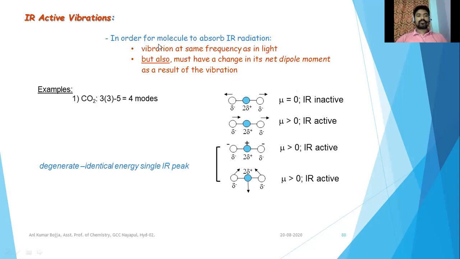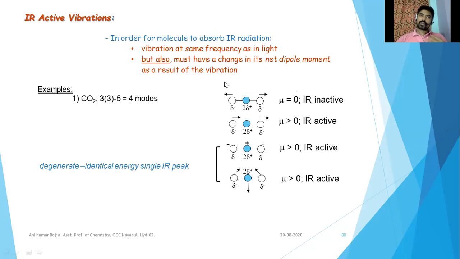In order for a molecule to absorb infrared radiation, the vibration must be at the same frequency as the light, but it also must have a change in the net dipole moment as a result of the vibration. That is the point I am discussing. Whenever the molecule undergoes vibration, there must be a change in the dipole moment.